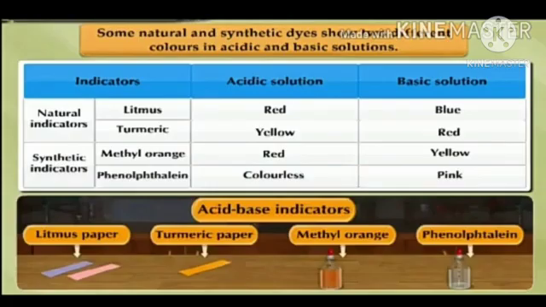Some natural and synthetic dyes show colors in acidic and basic solution. Acid and base indicators are litmus paper, turmeric paper, methyl orange, phenolphthalein.